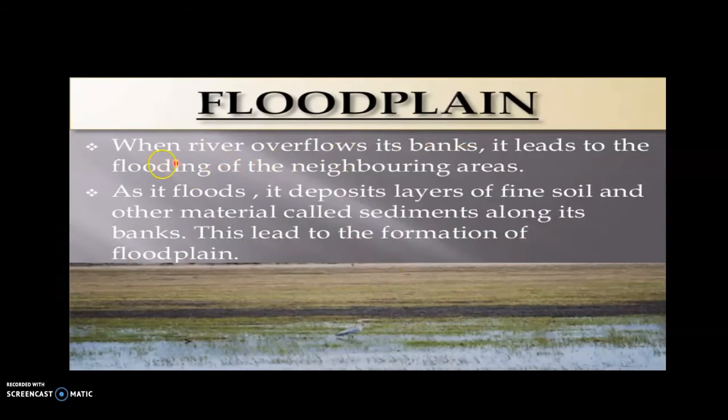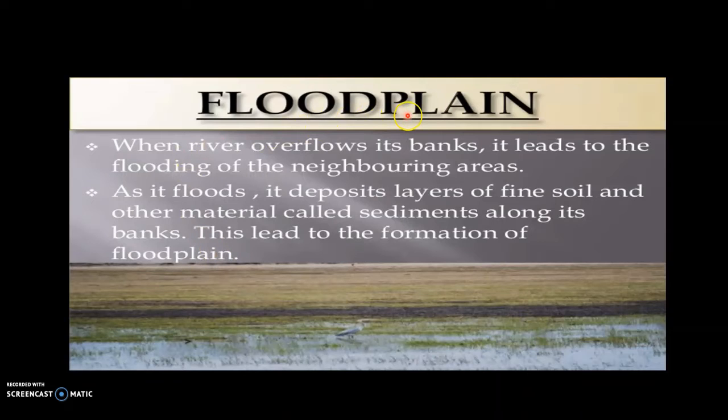Floodplain. When a river overflows its banks, it leads to the flooding of the neighboring areas. As it floods, it deposits layers of fine soil and other material called sediments along its banks. This leads to the formation of floodplain.